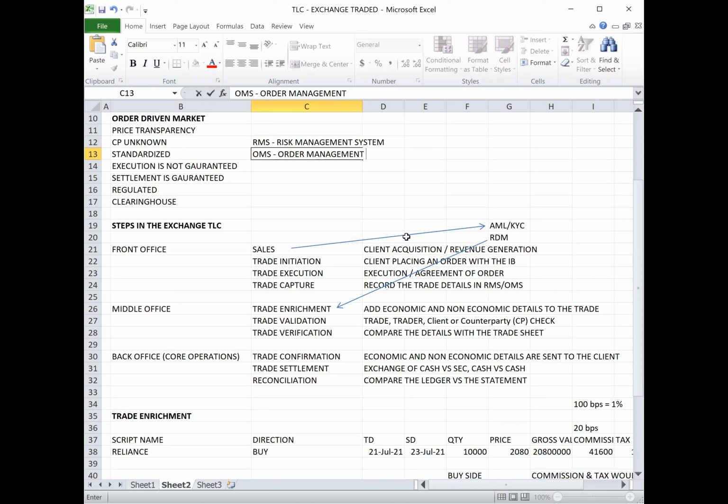Same thing, okay? These are generic names given to the front office system.